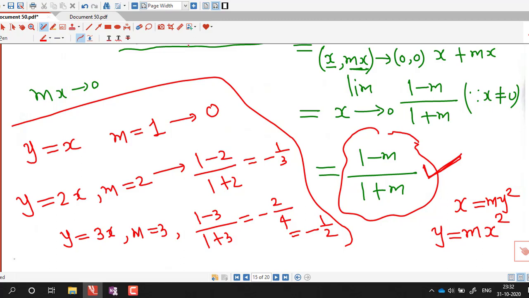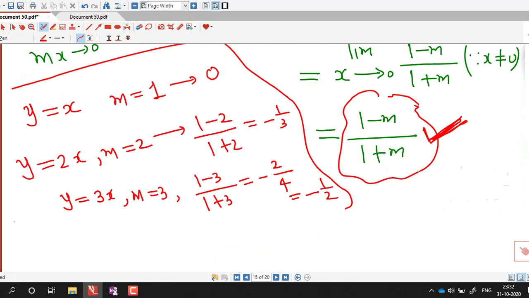These are the general forms of parabolas passing through origin. So if limit is same along all possible lines passing through origin, then we have to check for another type of curves passing through origin. But if limit is a function of m, or limit depends on m along different lines, then limit does not exist.